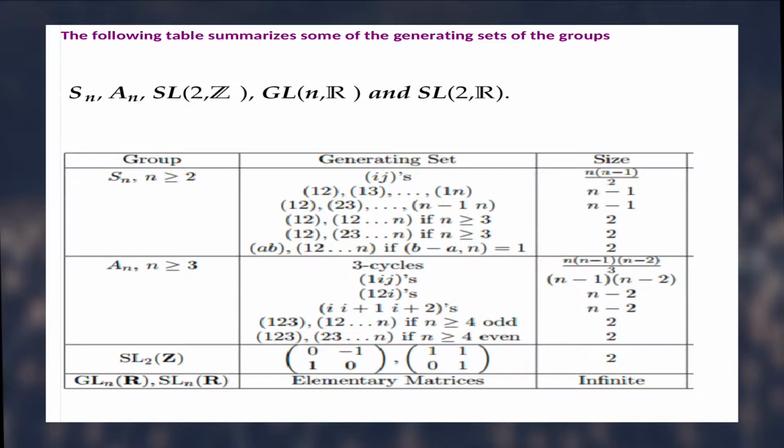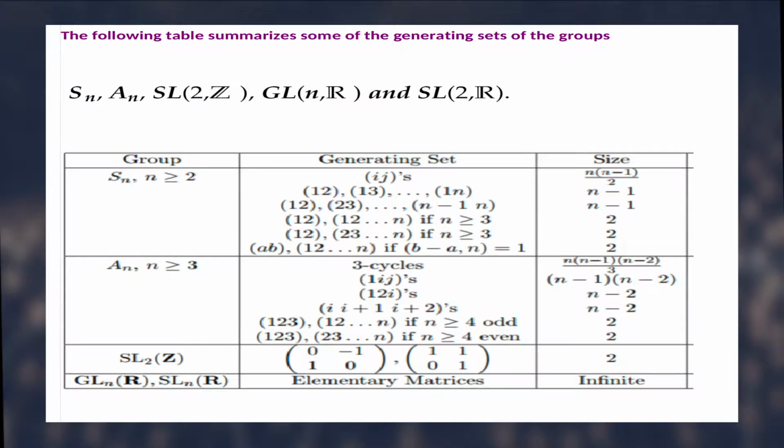For (a b) and (1 2 ... n), if b minus a is equal to 1, then the size is 2. Next we see the group A_n, n greater than or equal to 3, the generating set is 3-cycles, then the size is n(n-1)(n-2)/3. The 3-cycles (1 i j) give size (n-1)(n-2).